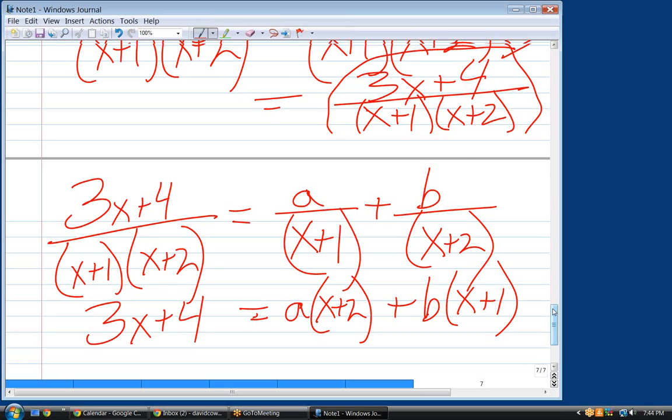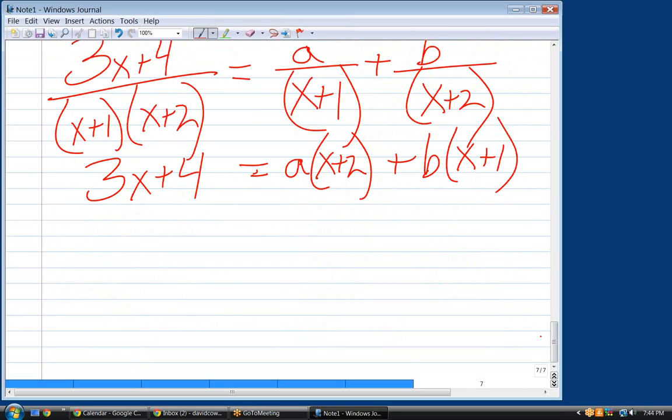Let's go through this and then worry about understanding it. Now, this gets a little tricky at this point. I can solve for a and b because this is true, because 3x plus 4 has to equal whatever a is times x plus 2 plus b times x plus 1.